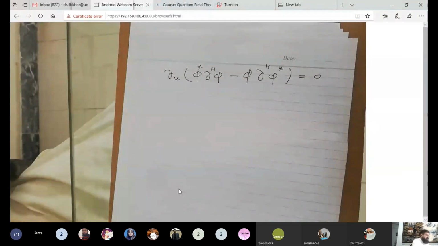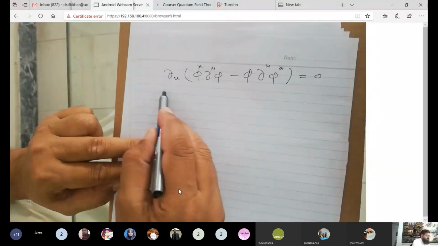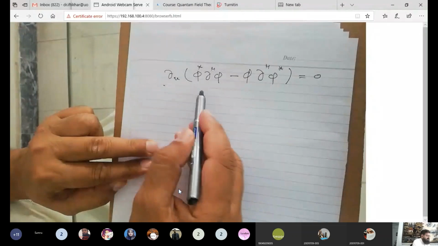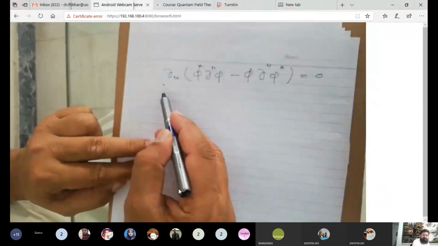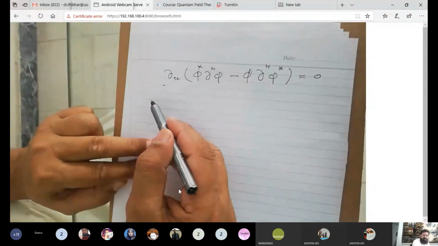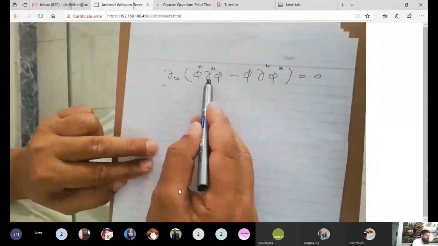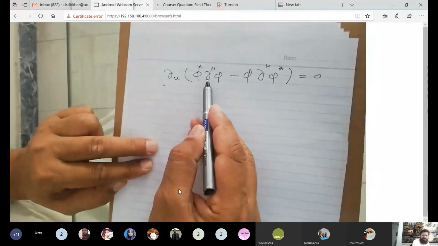Okay, so first, because this is Einstein's summation convention, one index is contravariant and another is covariant.